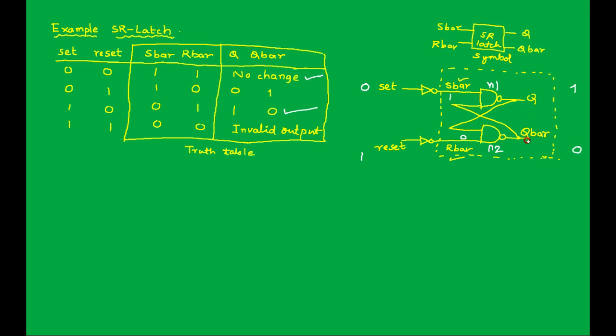Here initially Q bar is 0 for this NAND gate N1. 0 1, output is 1, and 1 0, output is 1, again 1 1, output will become 0. So you can see for the first iteration, what is the value of Q? 1.